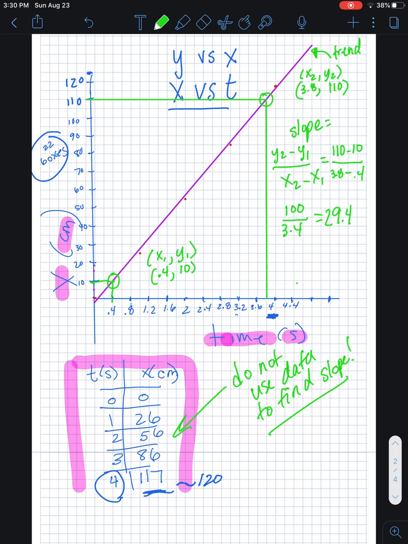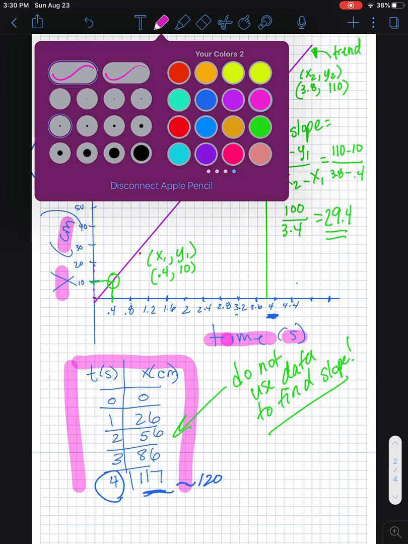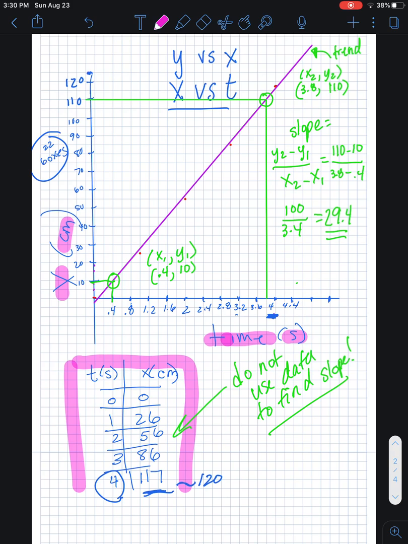So I'm going to write 29.4 as my slope. Now, you are used to stopping there, but it turns out that in physics class, all number values should have a unit attached to them. So slopes have a unit attached to them. And the way you find your units is this. These y values, 110 and 10, had units of centimeters attached to them.